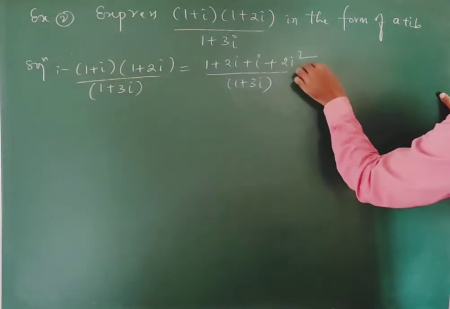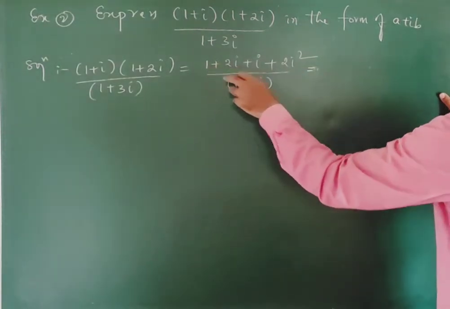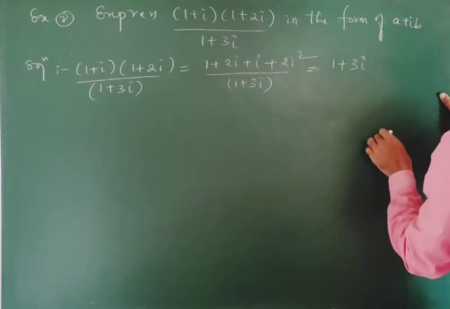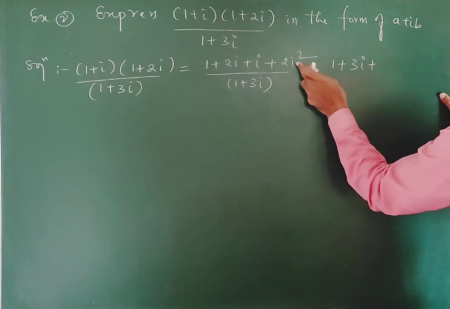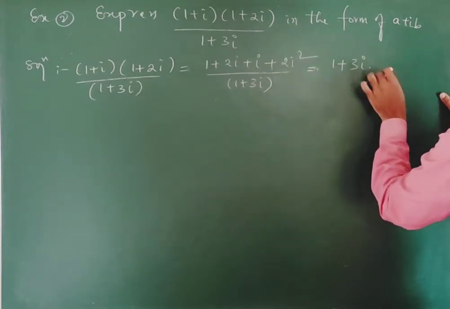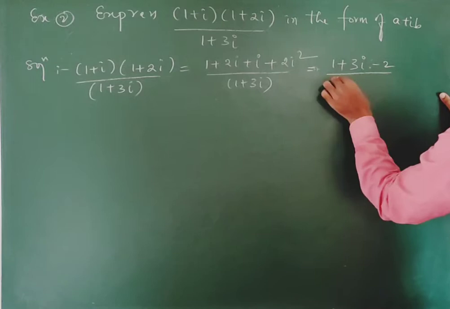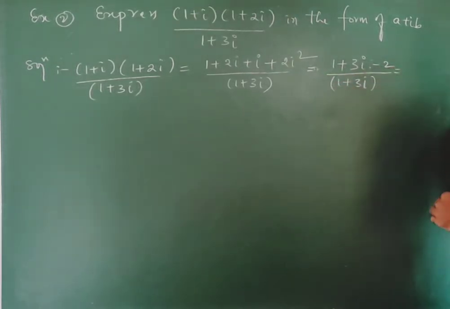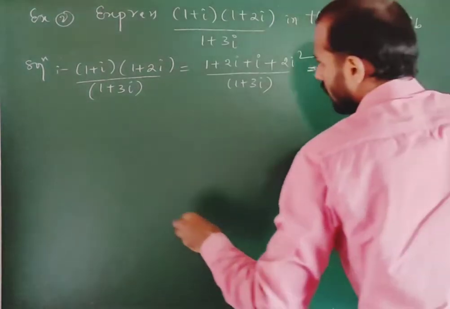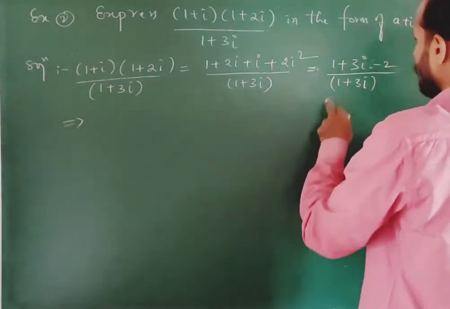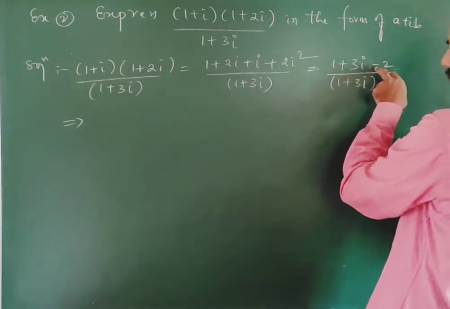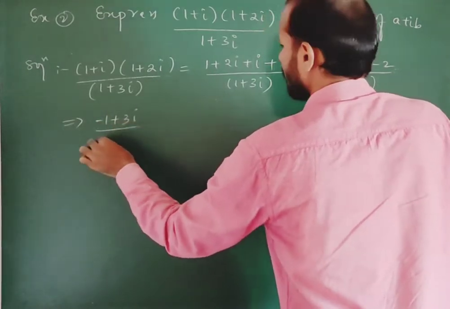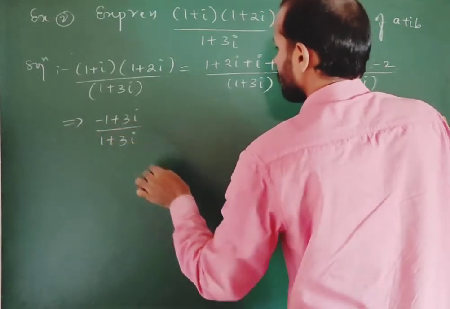This equals 1 plus 2i plus i, which is 3i, plus 2i square, which is minus 2, upon 1 plus 3i. Which implies 1 minus 2, that is minus 1, plus 3i divided by 1 plus 3i.